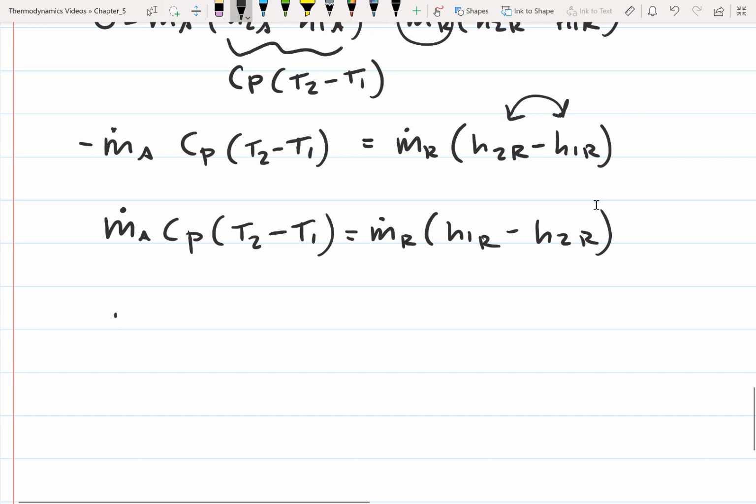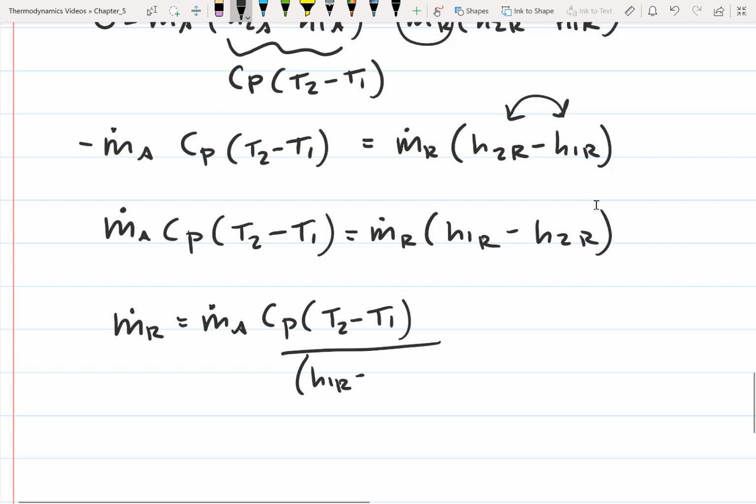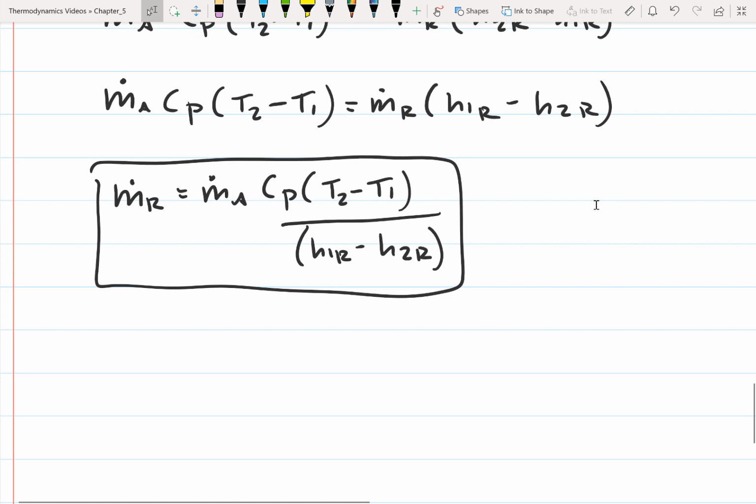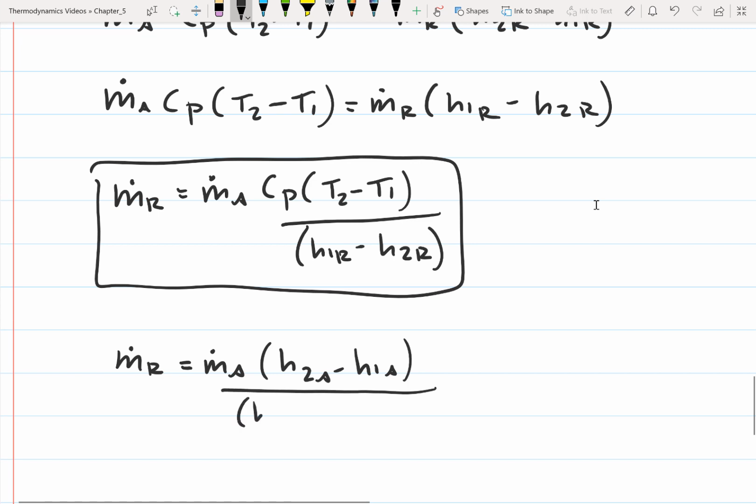This means that the mass flow rate of the refrigerant is equal to the mass flow rate of the air multiplied by C sub P (T2 minus T1) over (H1R minus H2R). Or if we didn't assume specific heat, and we just get data from the air table, then the mass flow rate of the refrigerant is equal to the mass flow rate of the air multiplied by (H2A minus H1A) divided by (H1R minus H2R).